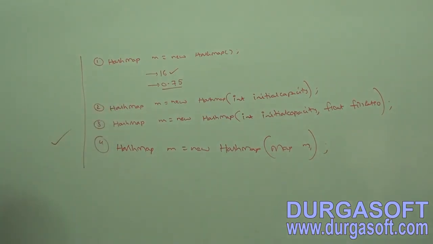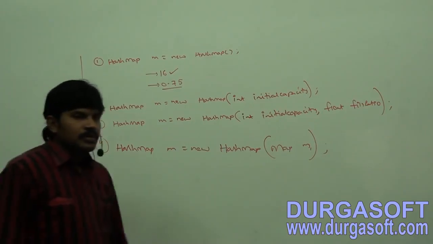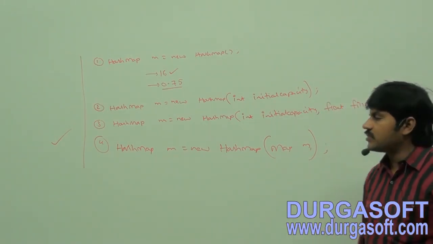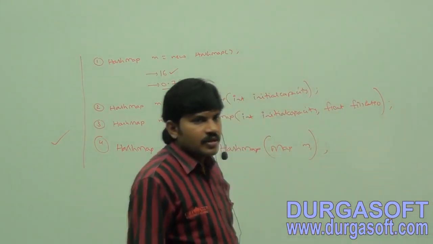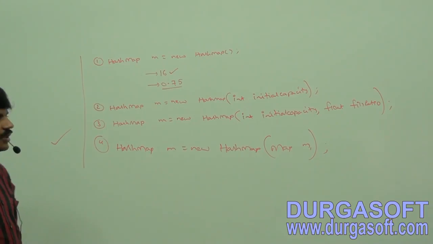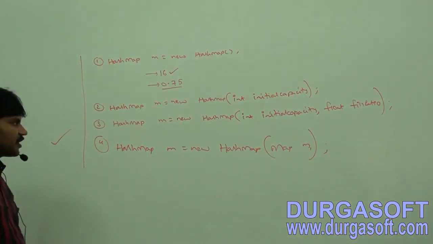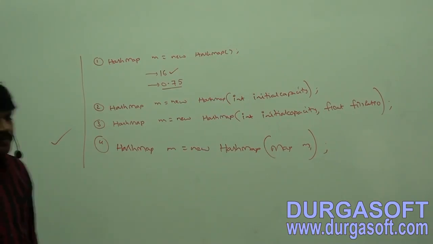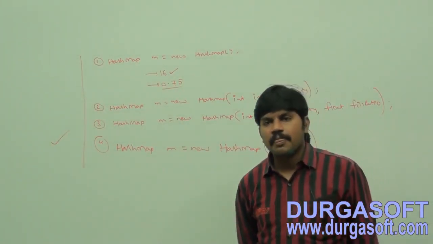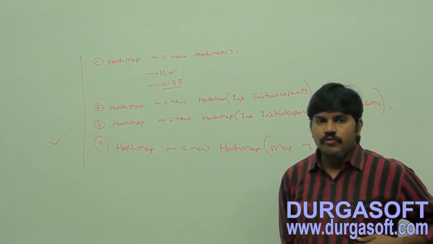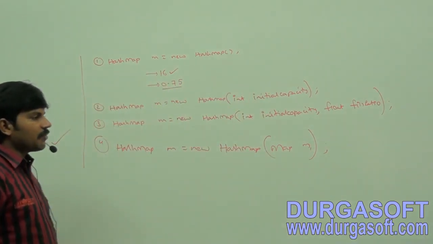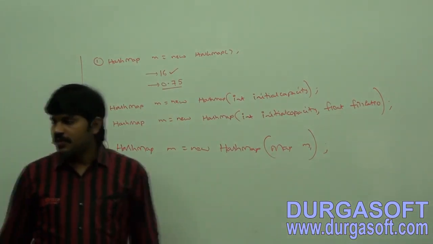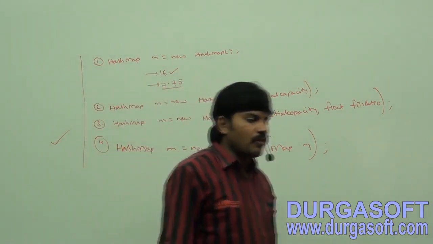Next, the second one: HashMap m = new HashMap(int initialCapacity). It creates an empty HashMap object with the specified initial capacity and the default fill ratio.